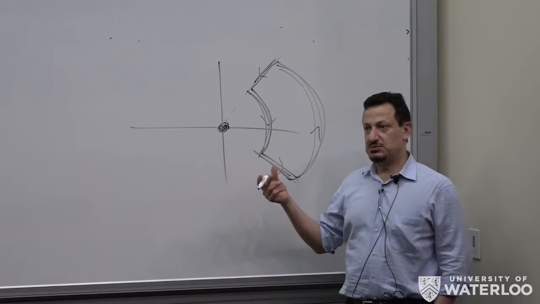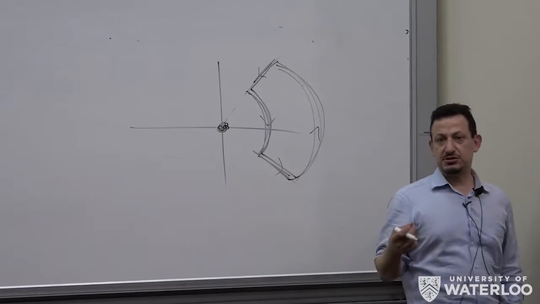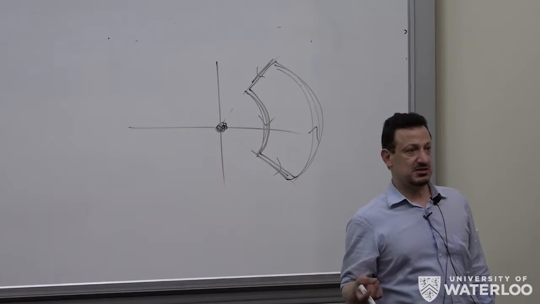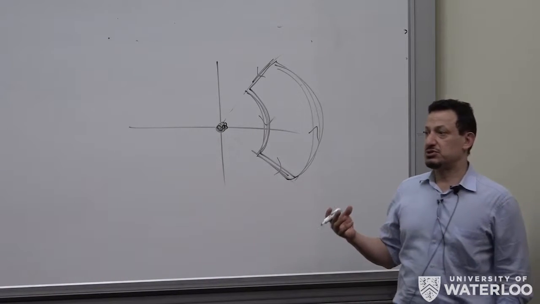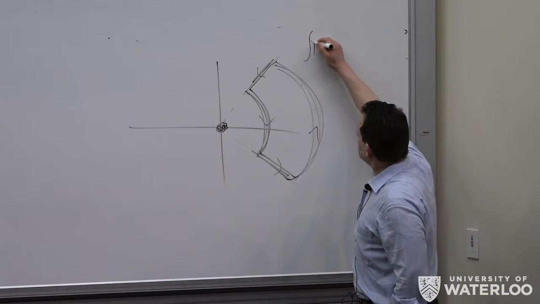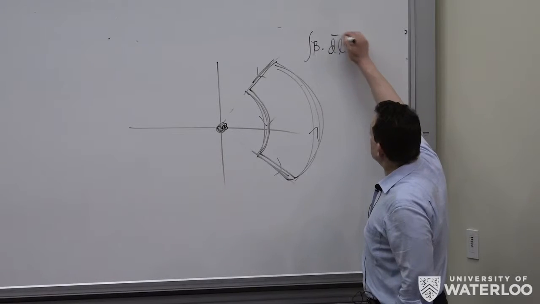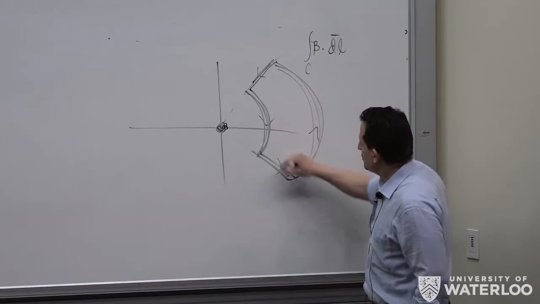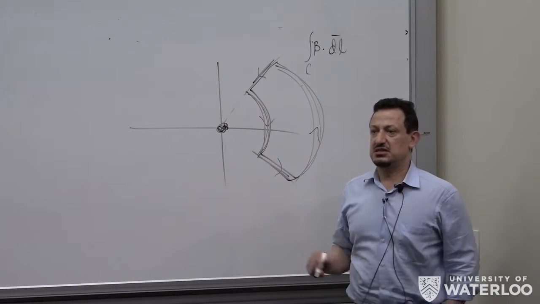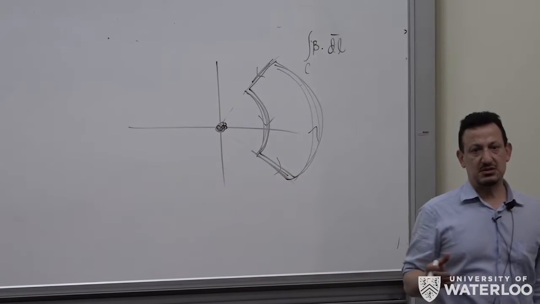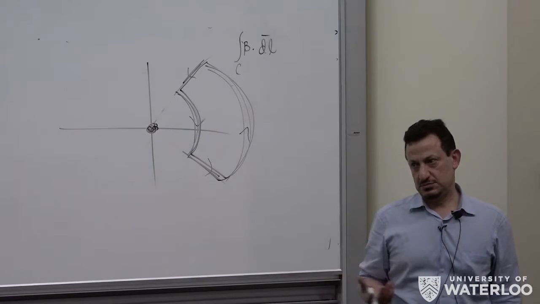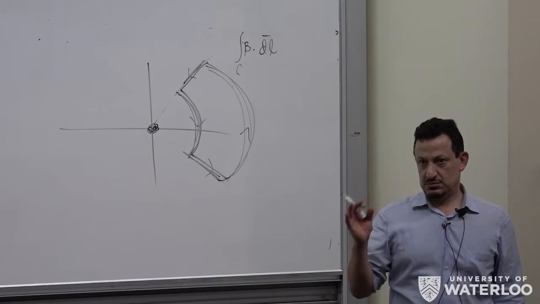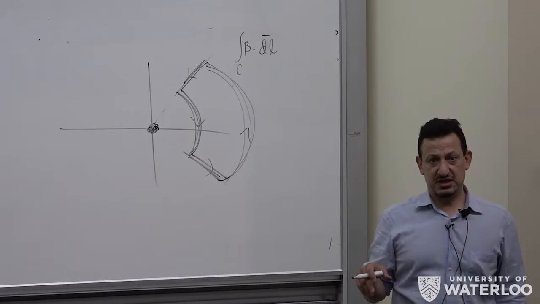So instead of the observation point, I'm putting a current source where the observation point is. What's the solution to this? I'm going to integrate B dot dl over this contour, the contour designated with the arrows. What would that be? Zero. Why? Because there's nothing inside of it.